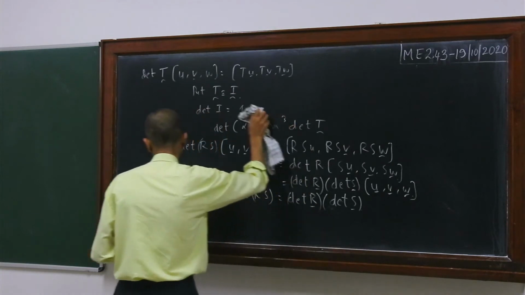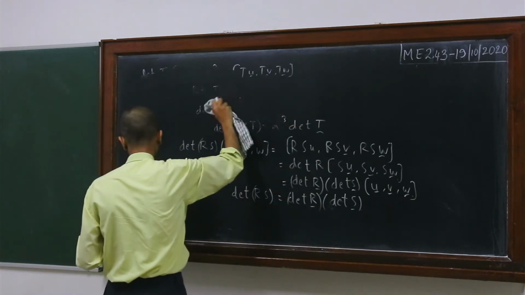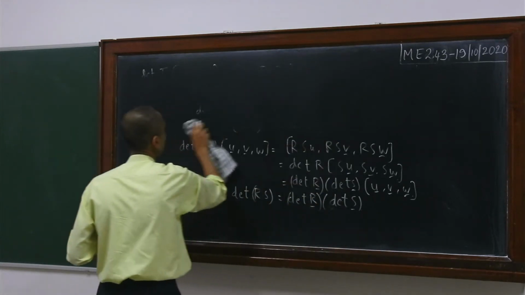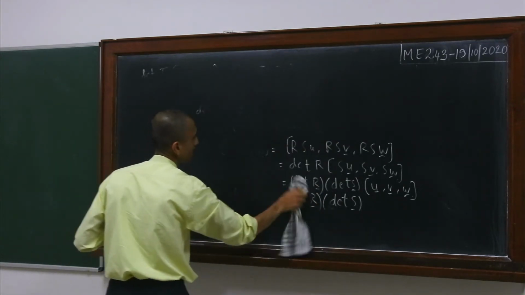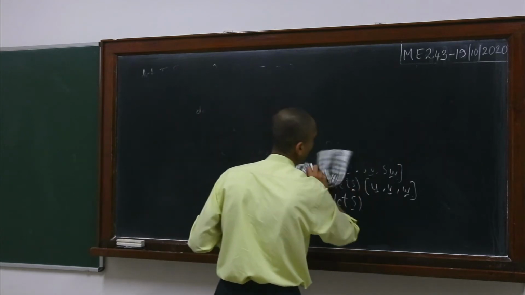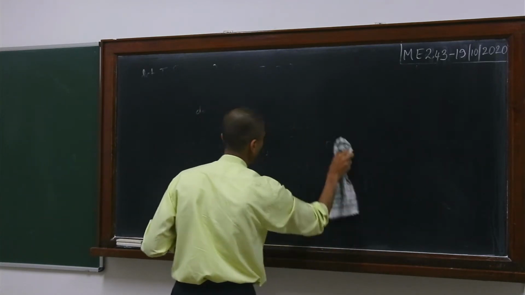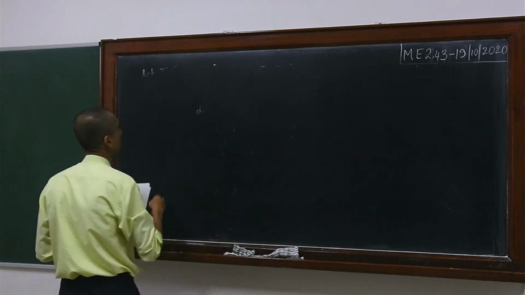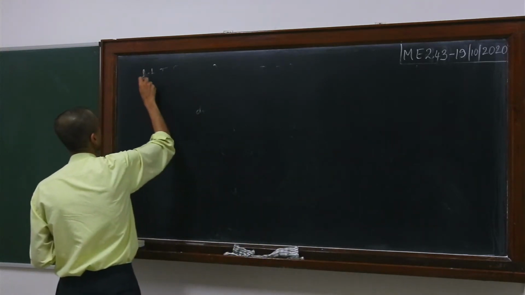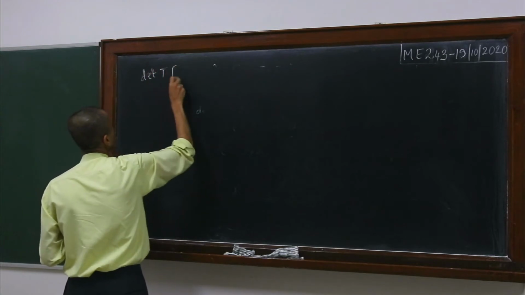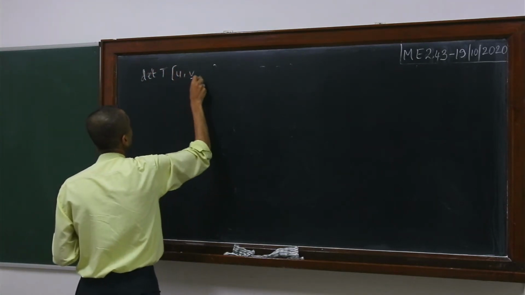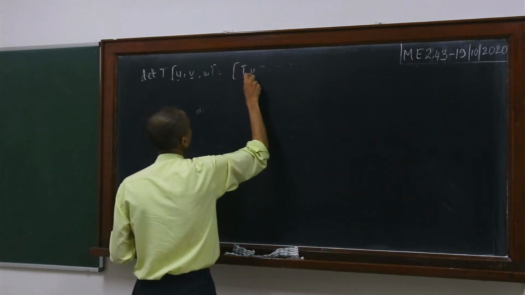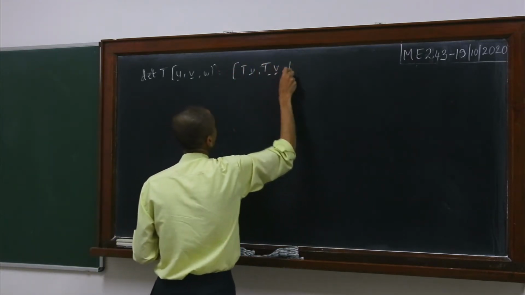So if I want to first find the expression for the determinant of T itself in indicial notation, let us see how we go about doing that. In the same relation, the determinant of T times [U, V, W] is equal to [TU, TV, TW].